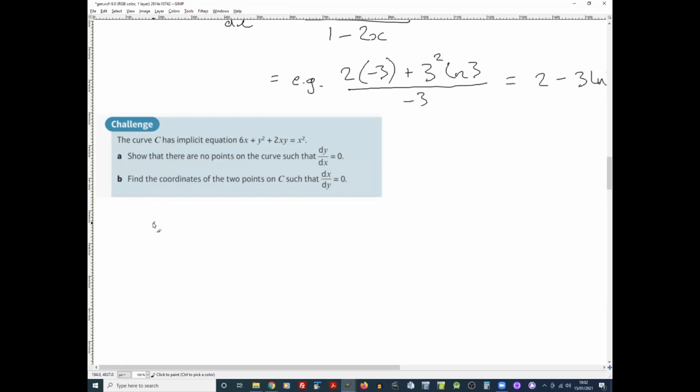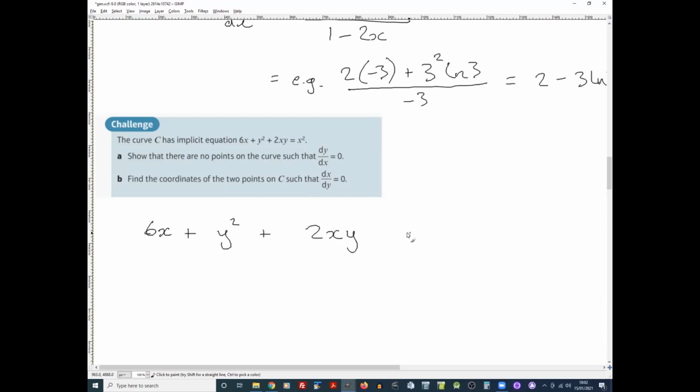So, taking it turn by turn, just differentiating with respect to x, because in part A at any rate, it's with respect to x. Okay. So 6x we'll deal with, and then y squared, and then 2xy.